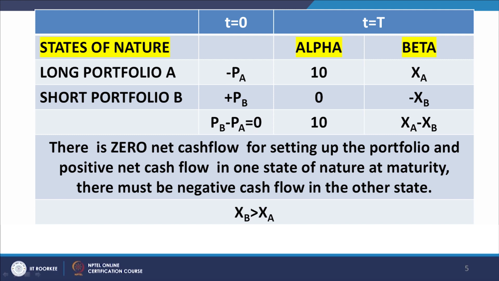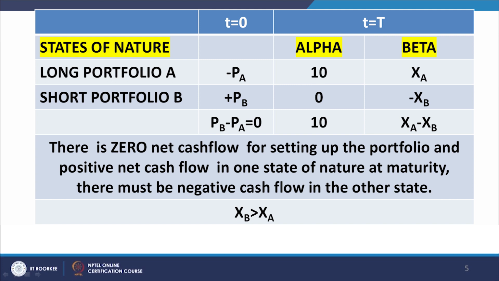Again, let us try to establish this by an example. We have got two portfolios A and B. We take a long position in portfolio A and we take a short position in portfolio B, similar to what we did just now. And we pay a price for establishing portfolio A. So, PA is negative and PB is positive. If the state alpha materializes, portfolio A gives us 10, and if the state beta materializes, portfolio A gives us XA.